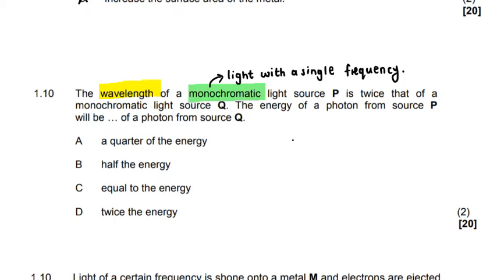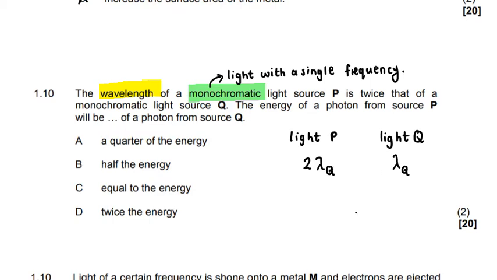There are two light sources, light P and light Q. Light source P has a wavelength twice that of light source Q. So for wavelength, this is the relationship: light source Q has a wavelength, the wavelength of Q. For P, we write it in terms of Q, so P is twice, which means 2 times the wavelength of Q.